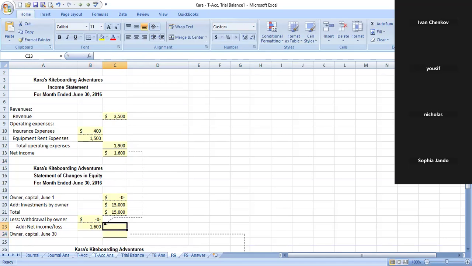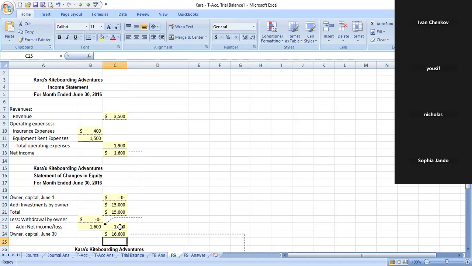So in total, we have to add 0 plus 16, so we have to add $16,000. So how much is the owner's capital at the end of June? $16,600.